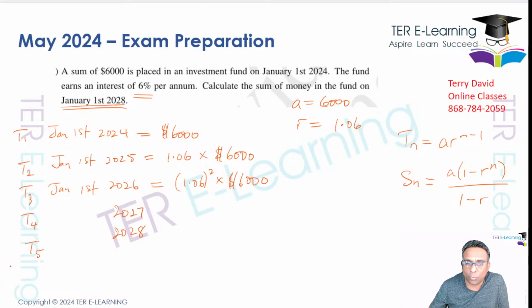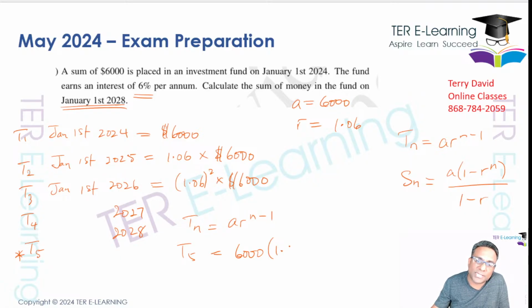So what I'm interested in is finding out what T5 is. T n is given by AR to the n minus 1. So if you want to get the fifth term, it's simply going to be 6,000 multiplied by R, which in this case is 1.06, to the power of n minus 1, so that's 5 minus 1.